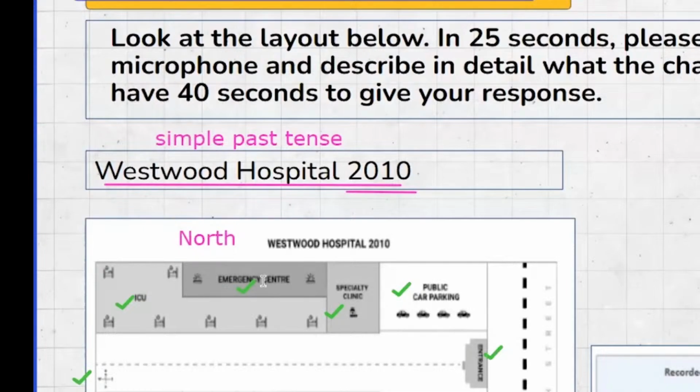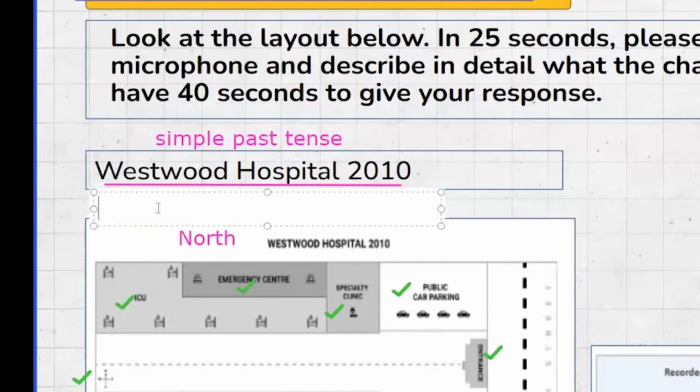I can say that it is next to the ICU or close to the ICU, or I could say adjacent to the ICU, right? So these are various words that can help me to tell the location of the emergency center, right? I'll just put that on the screen. Next to, close to, adjacent to, right?